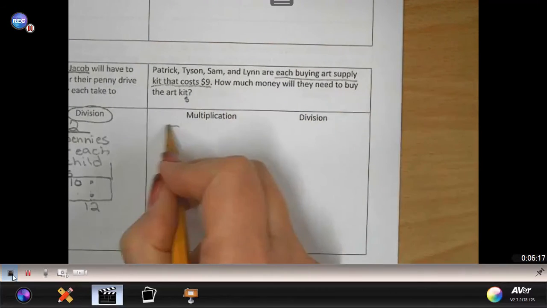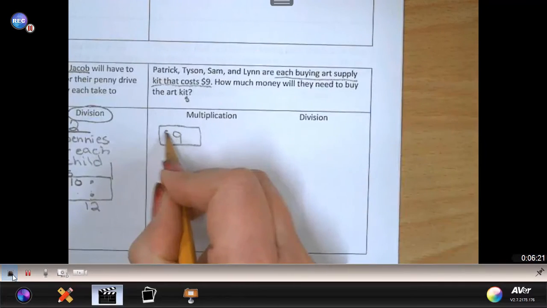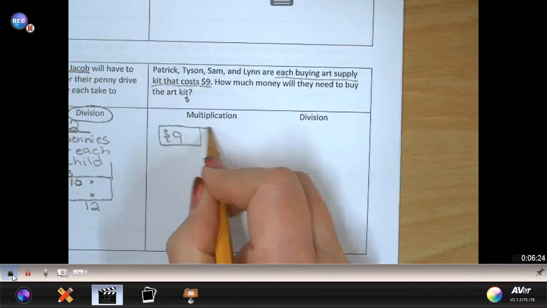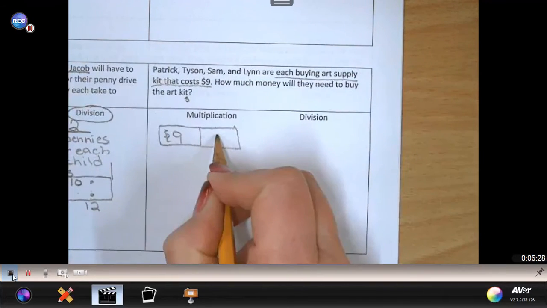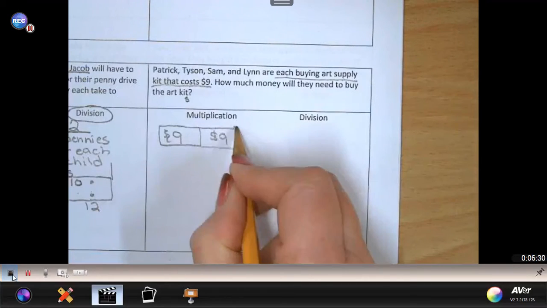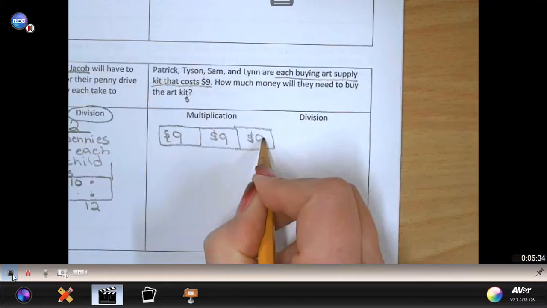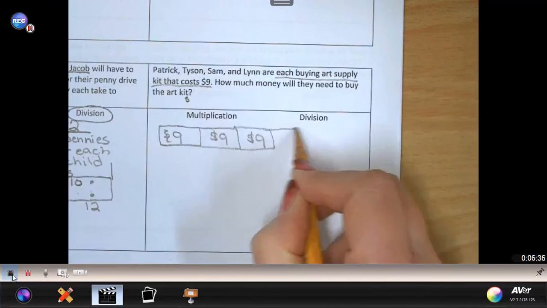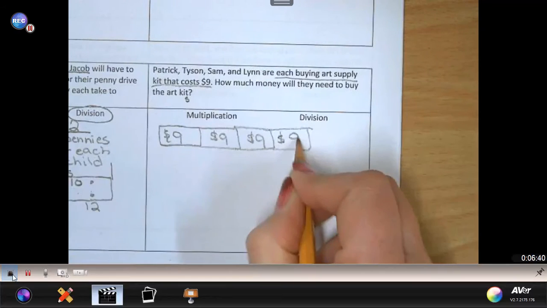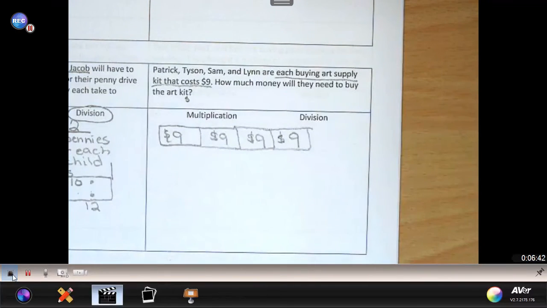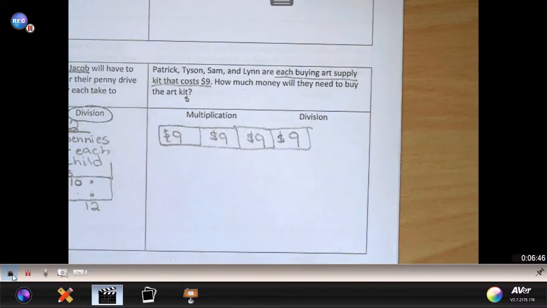So, Patrick is buying his art kit, and that's $9. Tyson is going to buy his art kit. Sam will buy her or his art kit, and Lynn will buy an art kit. Now together it asks you how much money will they need to buy the art kits.